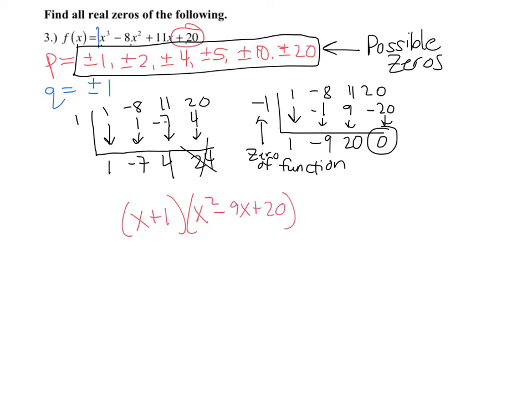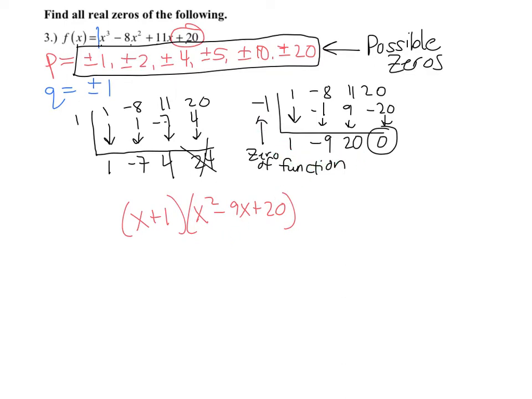Because remember that this final value would be your remainder. There isn't any. And so this is my constant, my linear, my quadratic term, because it started as a cubic and I'm dividing out 1. So I'm down to a quadratic.